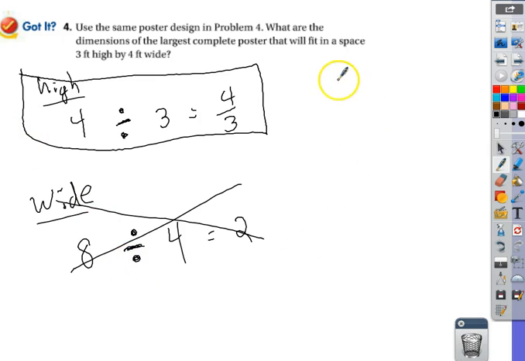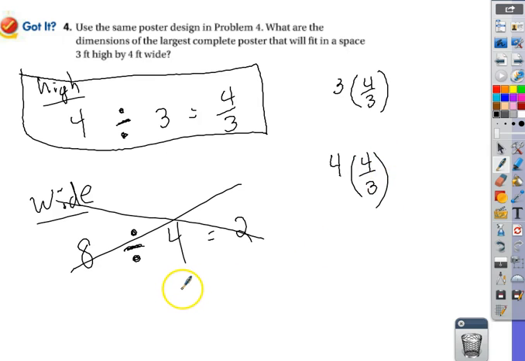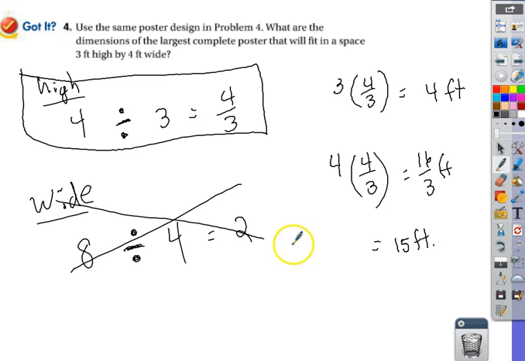So now I need to take the 3 and multiply it by 4/3 to get how tall it will be, and I need to take the 4 and multiply it by 4/3 to get how wide it can be. So that's going to be 4 feet by 16/3 feet, which would be the same thing as 5 feet and 4 inches.